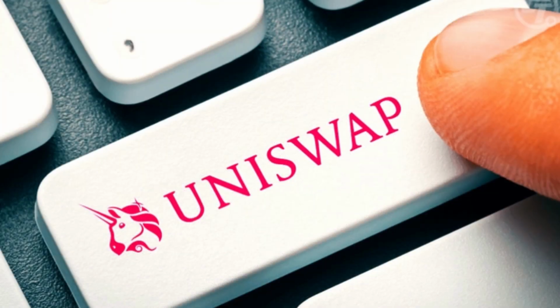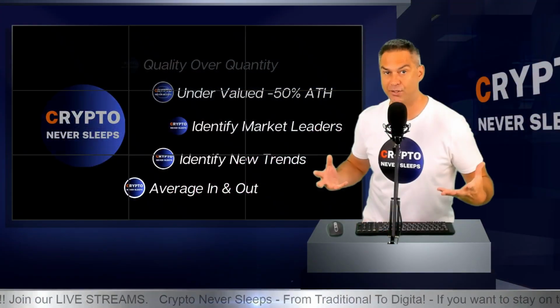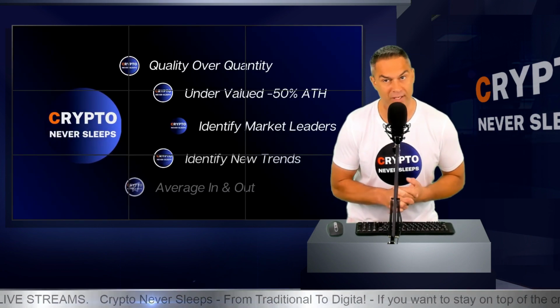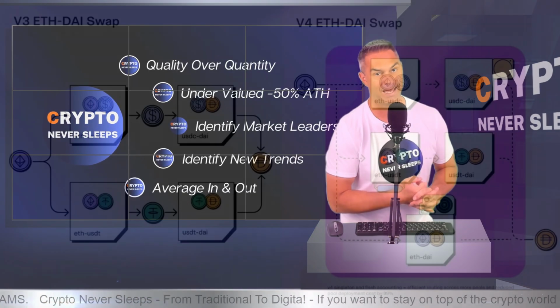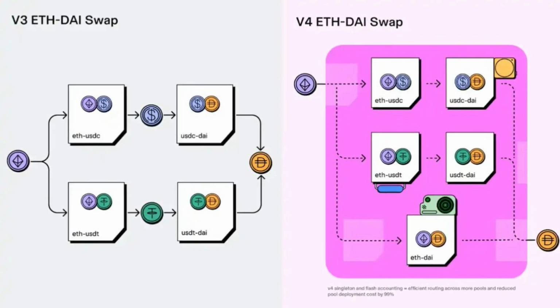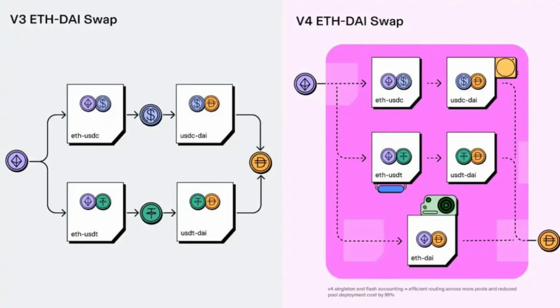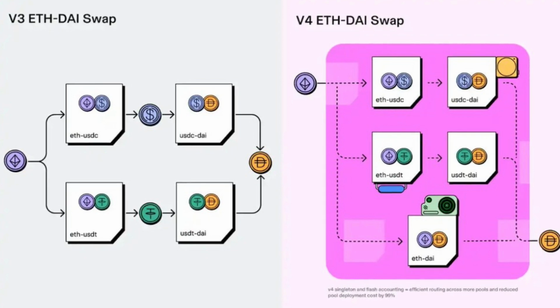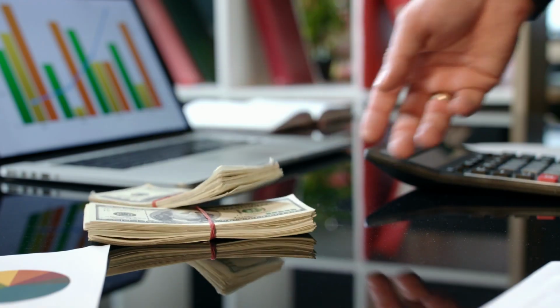The Singleton. So the second big change brought about by Uniswap version 4 is the introduction of the Singleton. As its name suggests, the Singleton is a single contract that contains all the different pools within Uniswap version 4. You see, this is different from the previous iterations of Uniswap, where each pool was held within its own, kind of like an isolated contract.